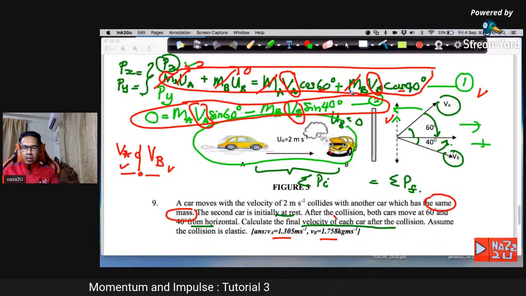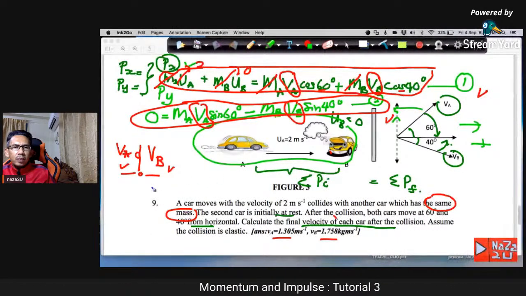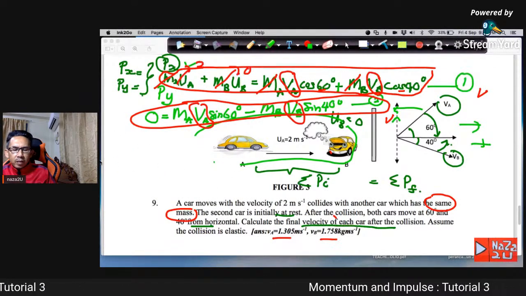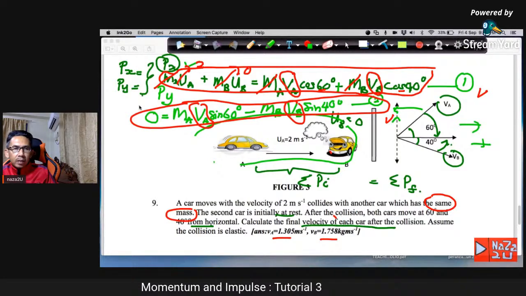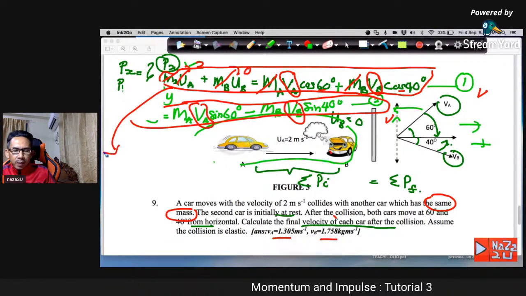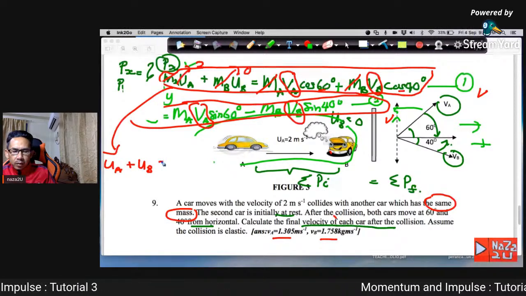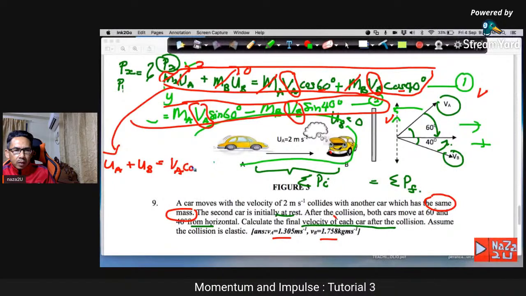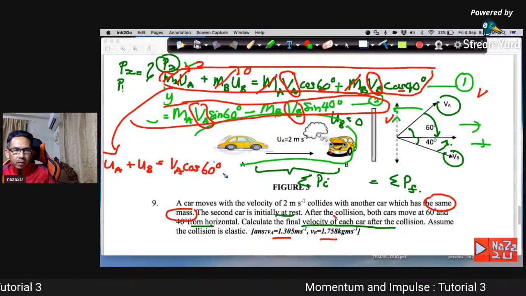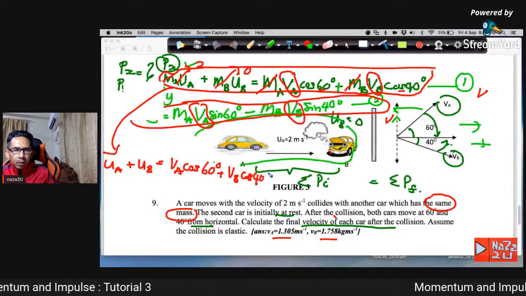Okay, maksudnya kat sini kalau saya tulis kat sini, daripada persamaan pertama ni, the first equation ni, kamu akan dapat UA plus UB is equal to VA cos 60 plus VB cos 40.